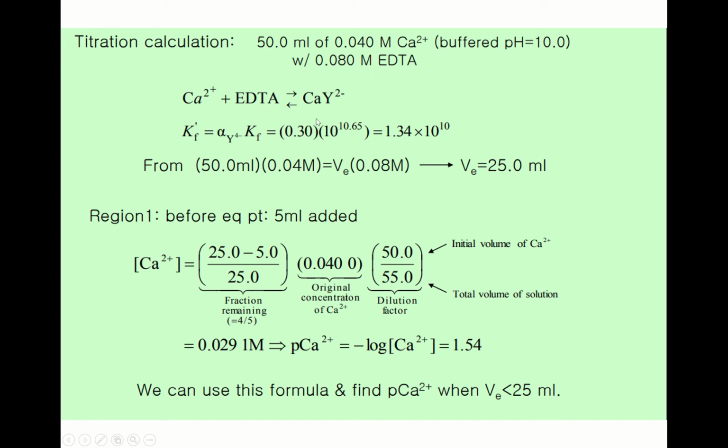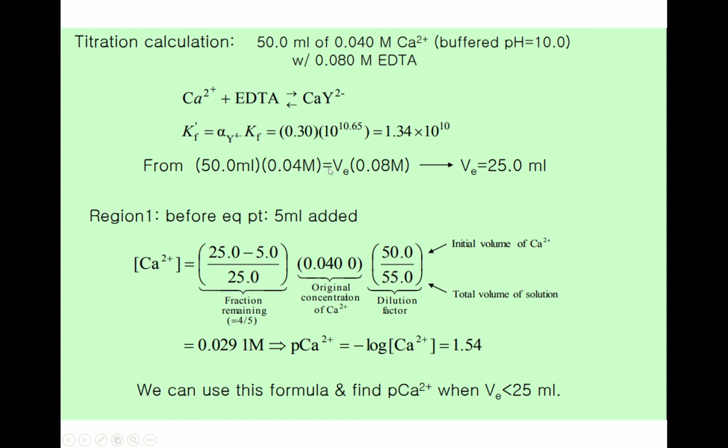The first thing we have to do is find the conditional formation constant using alpha 4 minus and the formation constant, and we get 1.34 times 10 to the 10.